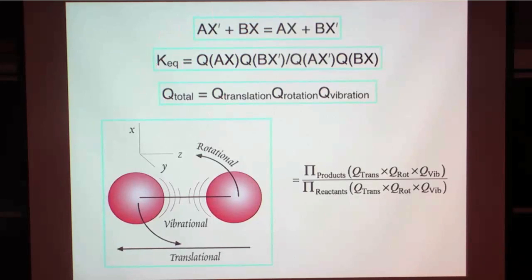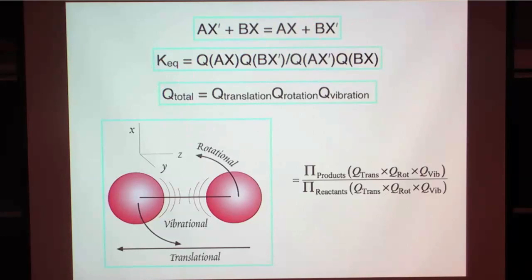The equilibrium constant for the reaction, in a quantum mechanical sense, is equal to the partition function. The partition function here, Q, is the sum over all the energy states of that molecule of the probability that the molecule will be in a certain state. So it's the partition function of the products over the reactants.